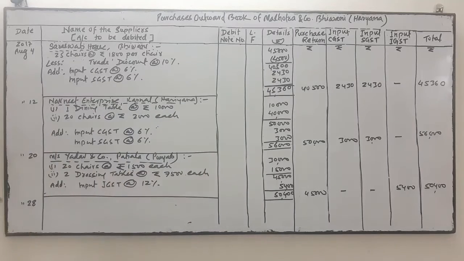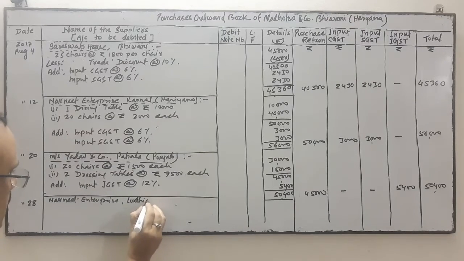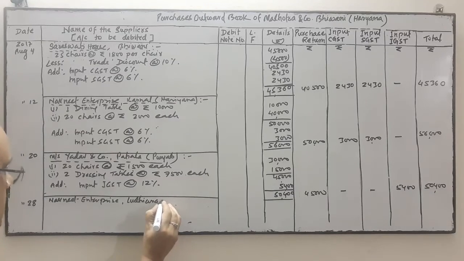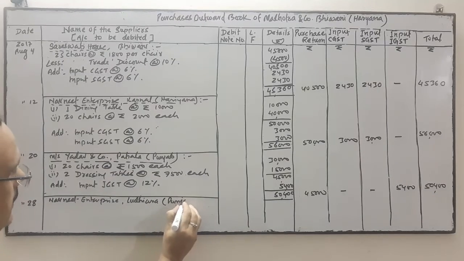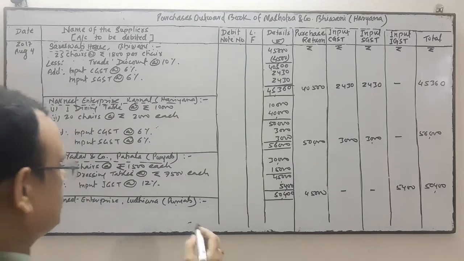The name of the enterprise is Navneet Enterprise. They have returned nothing, but they are claiming because it is undercast. It's Punjab, so it's interstate. The mistake is 5,000.